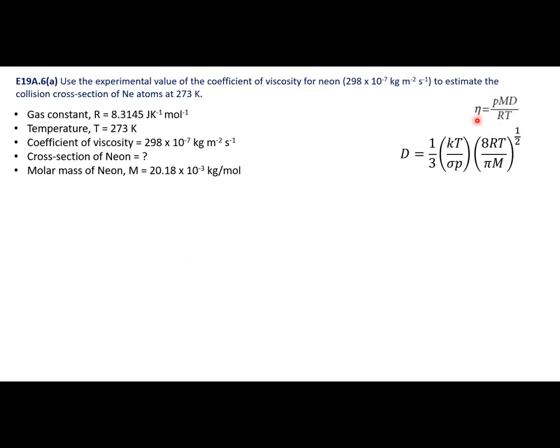So we know one equation that eta is related to the diffusion coefficient, and the diffusion coefficient is related to sigma, which is the collision cross section that we need to find. So we can rearrange this equation to find the collision cross section. Again, we have to do a bit of mathematical jugglery here.